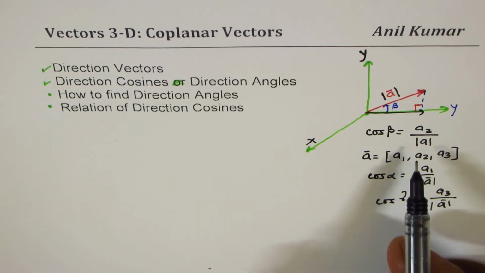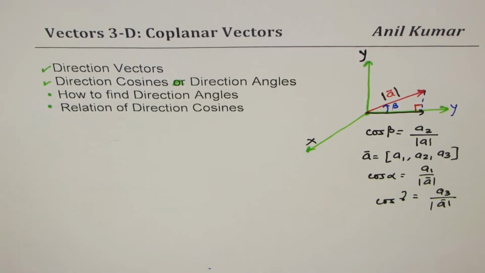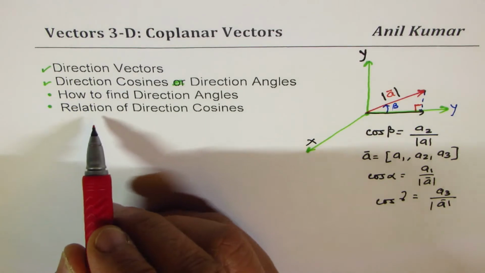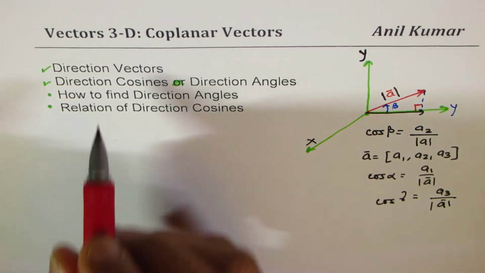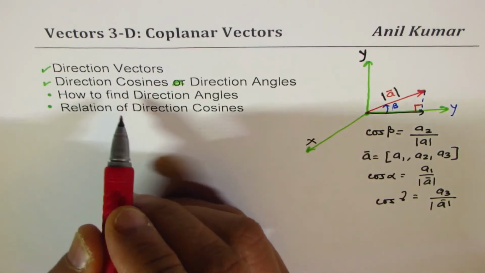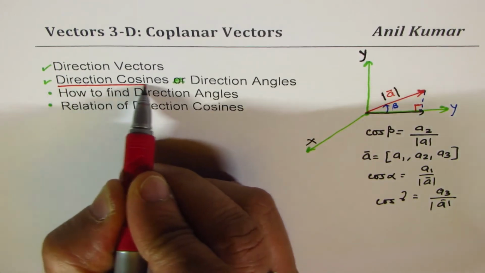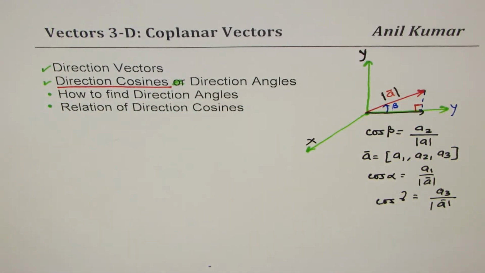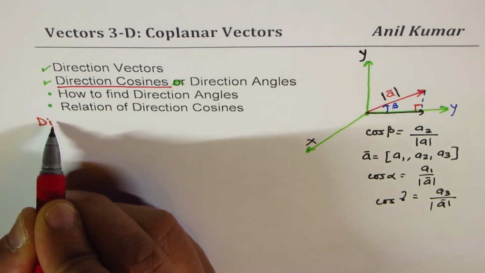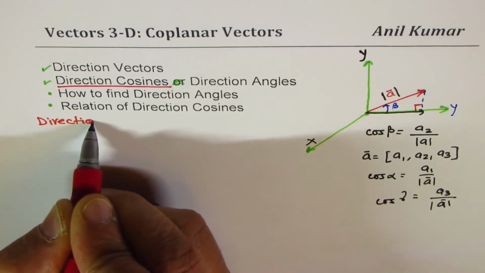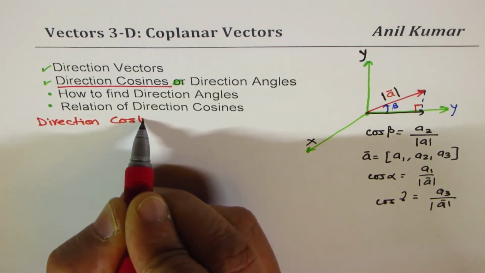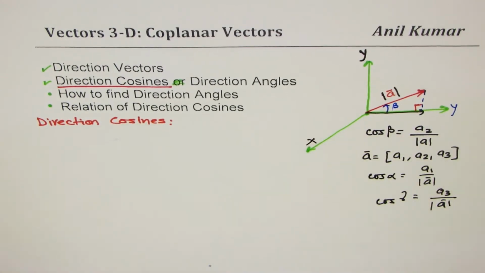Now there is an alternate way. Let's see how to find the direction cosines. So let me rewrite here, direction cosines. Now we'll do it in an alternate fashion.